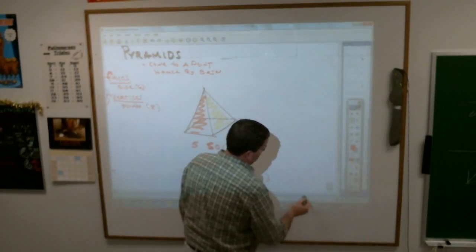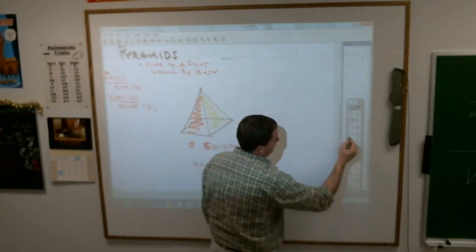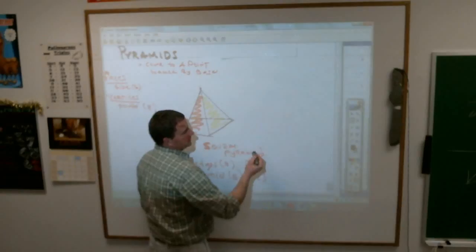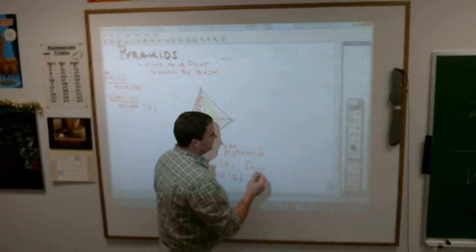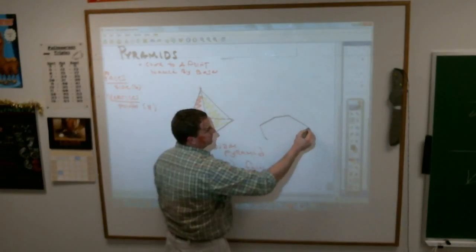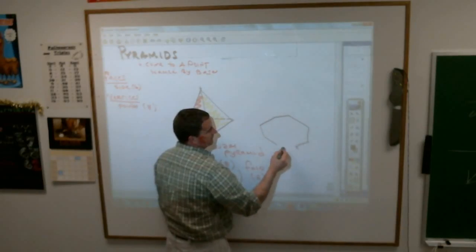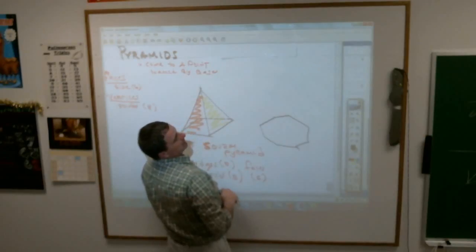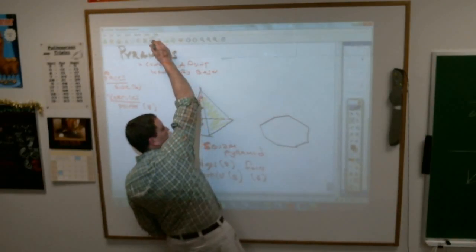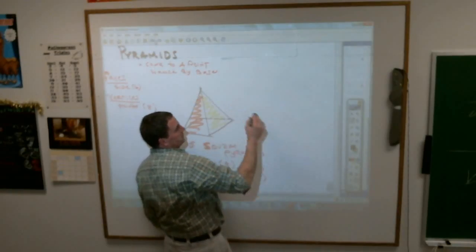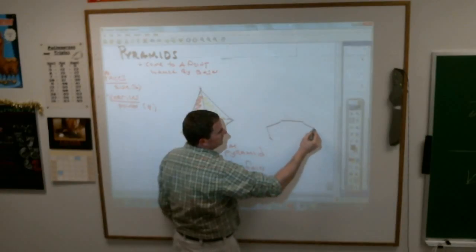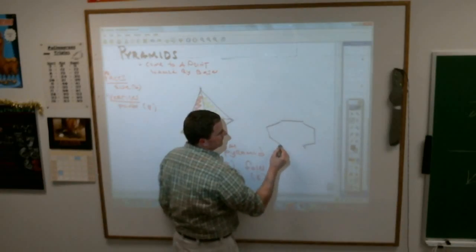And again, you can draw any shape as long as you can draw it. If I were going to do an octagonal pyramid, you start with a base of 8. 1, 2, 3, 4, 5, 6, 7, 8. That's really not three-dimensional. You've got to think a little bit more. 1, 2, 3, 4, 5, 6, 7, 8.